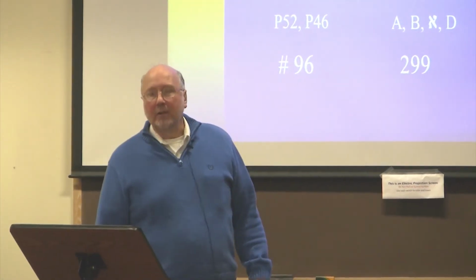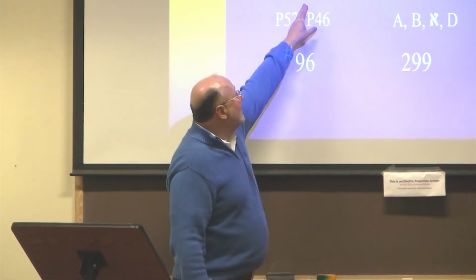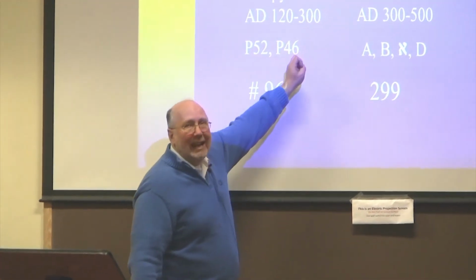Actually, there are many, many more fragments of these papyrus fragments, and the problem is the papyrus breaks. It's real brittle after 2,000 years written on organic material, and sometimes you just pick it up and break it in your hands. But the date on this is from 120 to 300 AD.